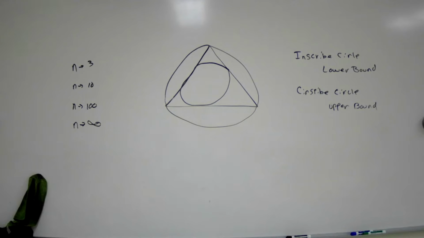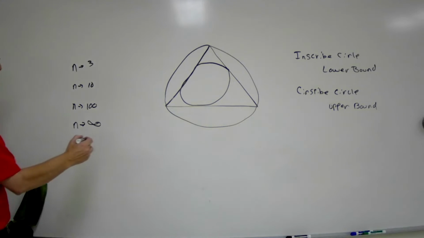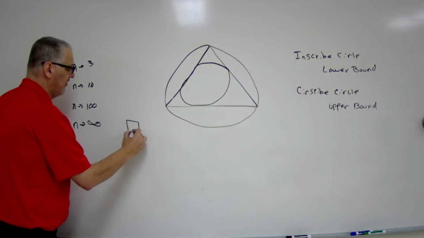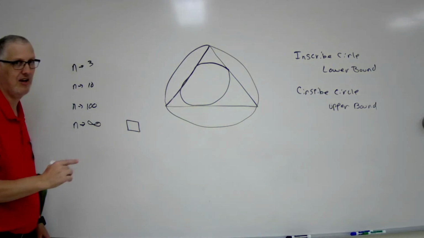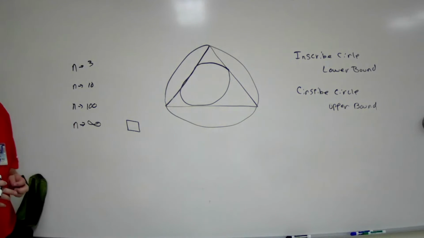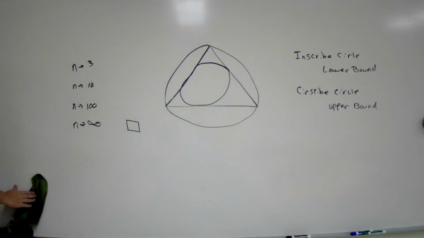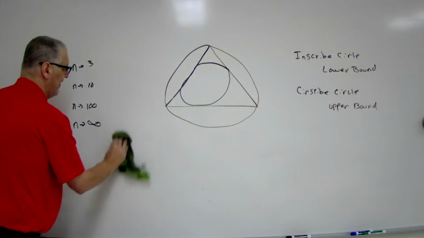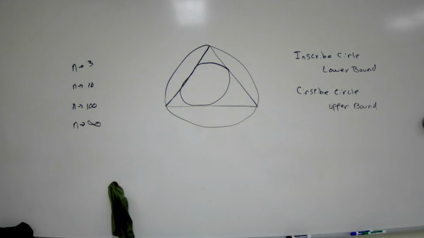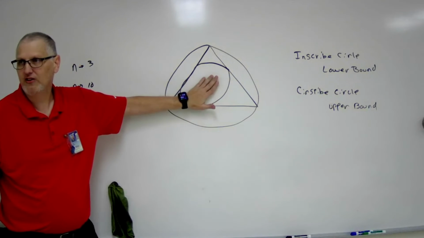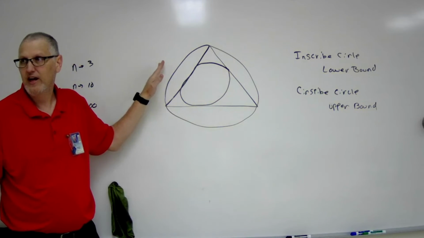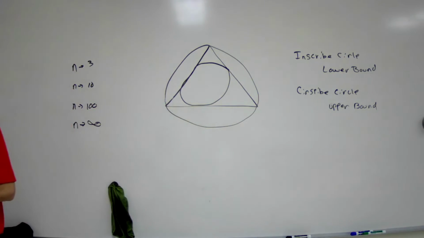A square is a rectangle, but unfortunately, the problem with the square is that your height and your width are the same. The rectangle, we can manipulate. So we're going to do this with rectangles, and you'll get the basic idea of how you can find the area of anything. It doesn't even have to be a circle, just any shape that you can inscribe and circumscribe, anything that you know how to find the area of.